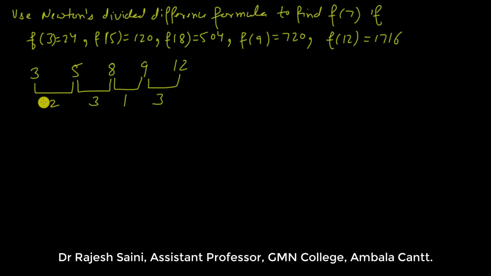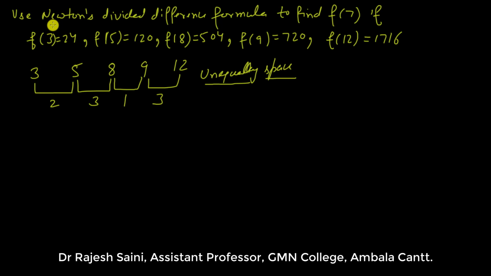So these arguments are unequally spaced. If they are unequally spaced, that means we cannot use Newton forward and Newton backward interpolation formula. We have to use the interpolation formula for unequal intervals, that is Newton divided difference formula.